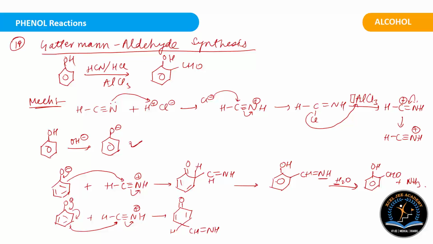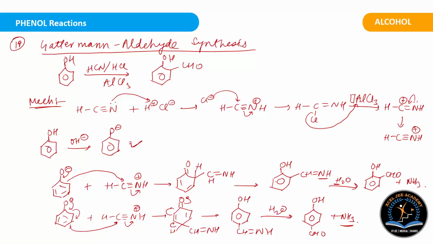Now this is double bond O, tautomerization, so this aromatic phenol will be obtained again. Now this is CH double bond NH, and whenever it is hydrolyzed, that is, water is present, the ammonia will be removed from this double bond N connected with CH. Therefore CHO along with OH, and removal of ammonia is going to take place.